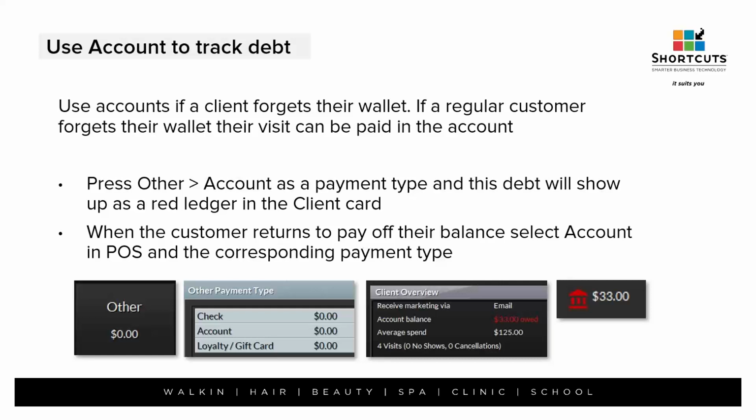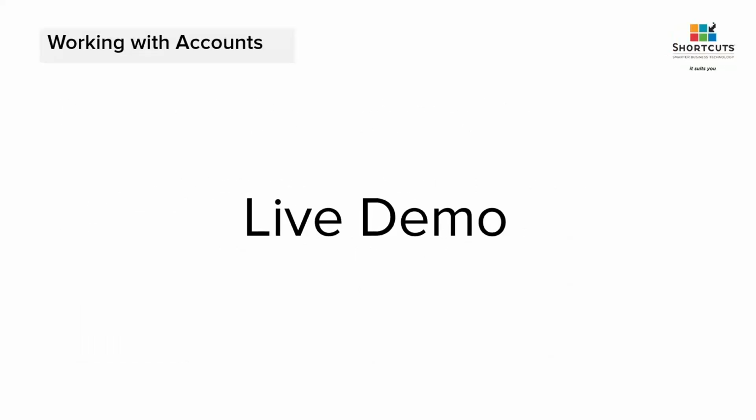You would put in the amount that they owe you and you would end the sale. So Shortcuts will record for today, this customer forgot their money, they owe you this amount. And it's actually going to show in red on the client profile how much their balance is, how much they owe you. The next time they come in, you can actually bring up the client card and pay back the money that they owe you.